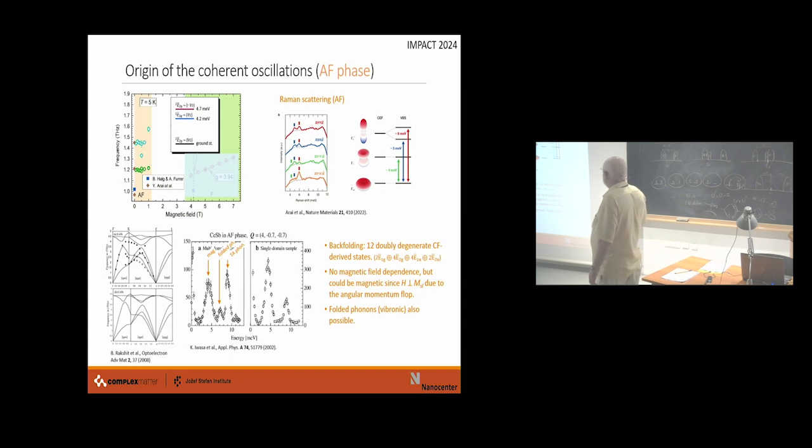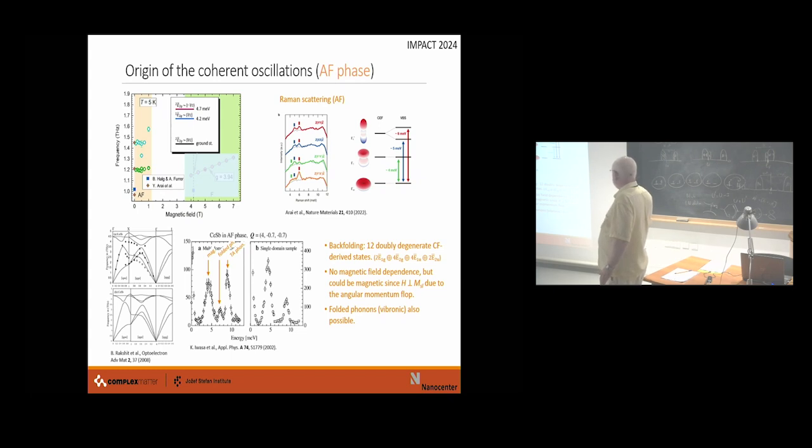And the absence of magnetic field dependence can be reasoned from the fact that in the antiferromagnetic state we had this angular momentum flop. So basically sublattice magnetizations are perpendicular to the magnetic field, so effects should be quadratic in magnetic field.